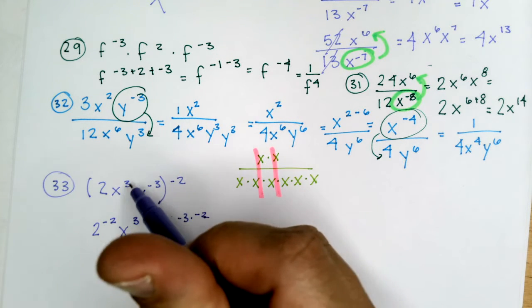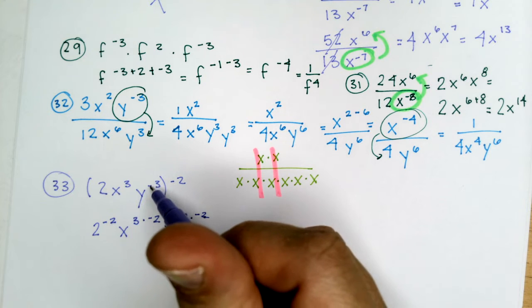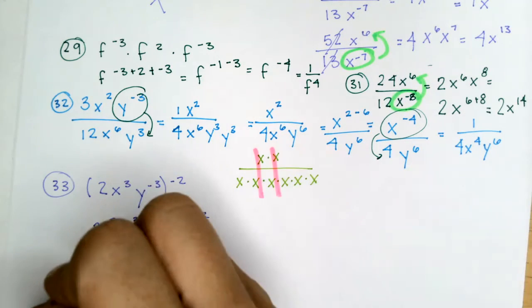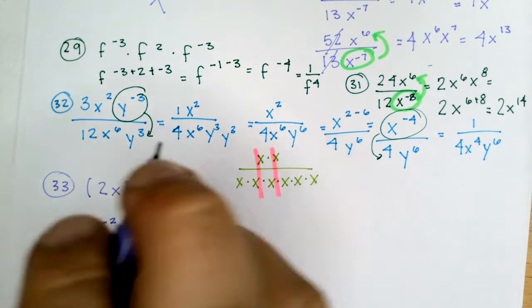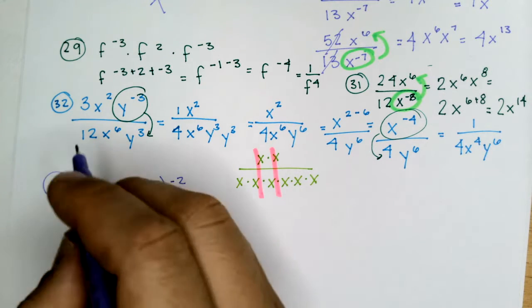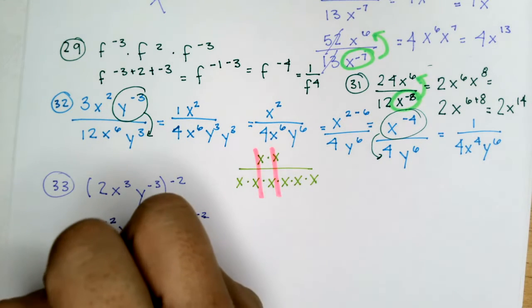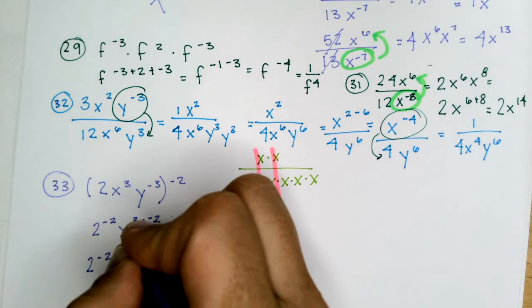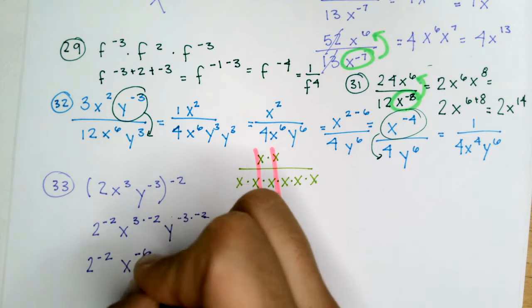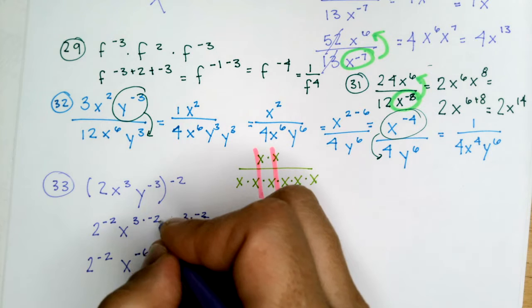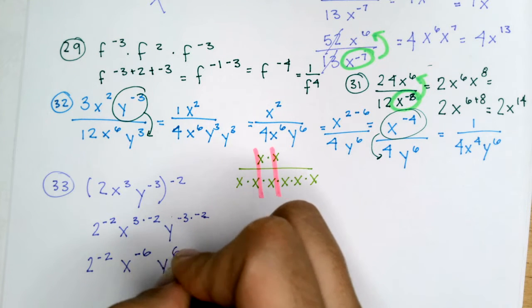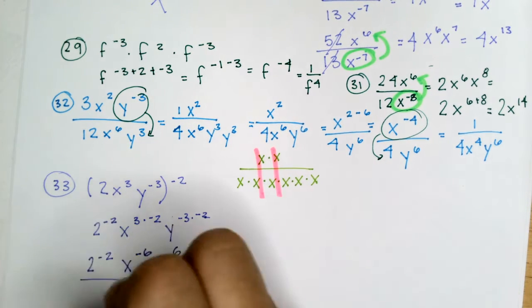So I would distribute, in this case, before I moved this to the bottom, but you would get the right answer either way. 2 to the negative 2, I'm going to leave it alone. It's still just 2 to the negative 2. X, 3 times negative 2 is a negative 6, right? Because a positive times a negative is a negative. Y, negative 3 times negative 2 is a positive 6. Okay.